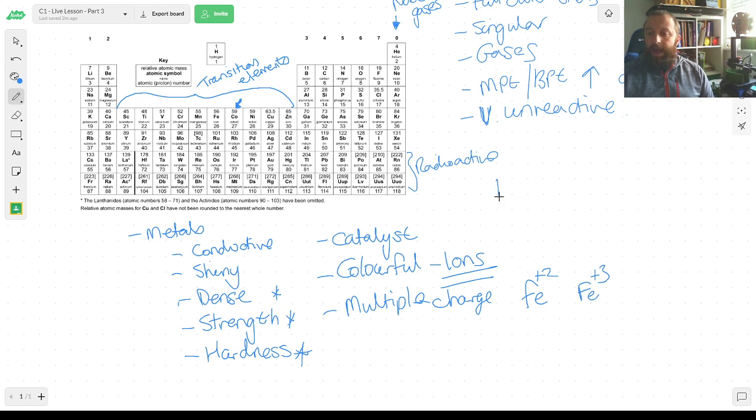If we look at iron, and we look at these two combinations for iron oxide, both of these molecules are neutral. So they have a 0 charge. We know that oxygen will have a -2 charge because it's in group 6.